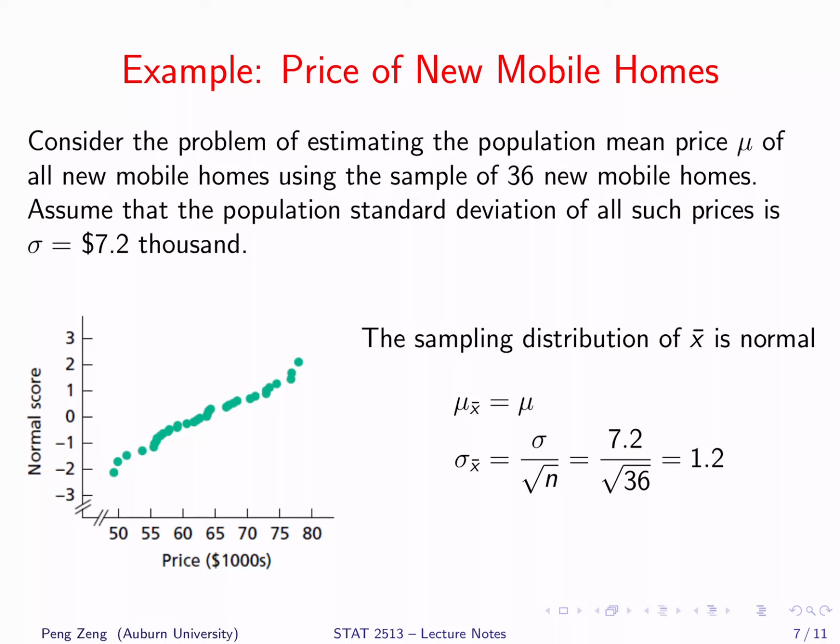Notice that the sample size is n equals 36. The population standard deviation is 7.2. Therefore, the standard deviation of X bar is 1.2. As a summary, the distribution of X bar is normal with mean mu and standard deviation 1.2.